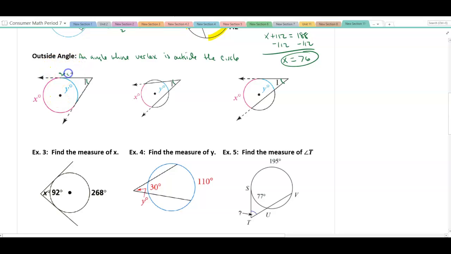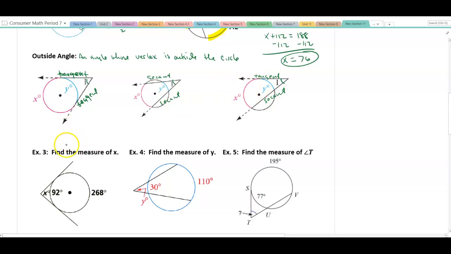This outside angle is made up of tangent lines, aren't they? Tangent, tangent. This outside angle is made up of secant and secant. This one's made up of a tangent line and a secant.